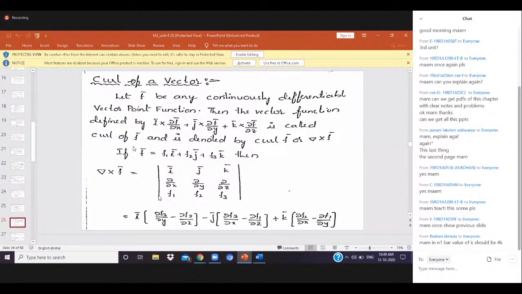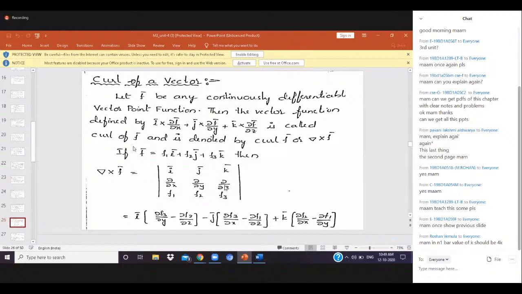So this determinant evaluation you already know. Closing the i bar row and column, first row and first column, we get the coefficient as ∂f3/∂y minus ∂f2/∂z, minus j bar of (∂f3/∂x minus ∂f1/∂z), plus k bar of (∂f2/∂x minus ∂f1/∂y).